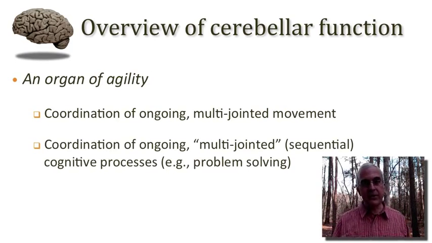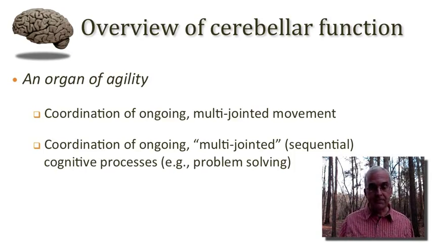Now, I'd like to extend this concept of agility into the domain of cognition and imagine that the connections that the cerebellum maintains with circuits that engage the prefrontal cortex also operate in the same way as those circuits that engage the motor cortex. And from this standpoint, perhaps it's useful to think about mental problem solving as a kind of coordination of sequence.